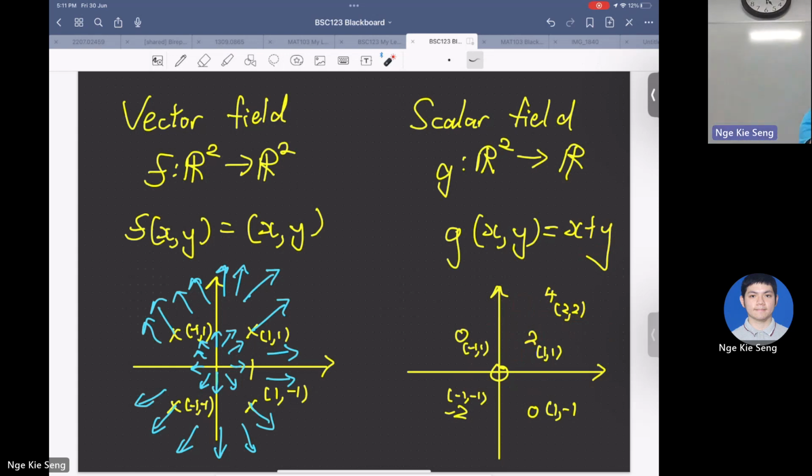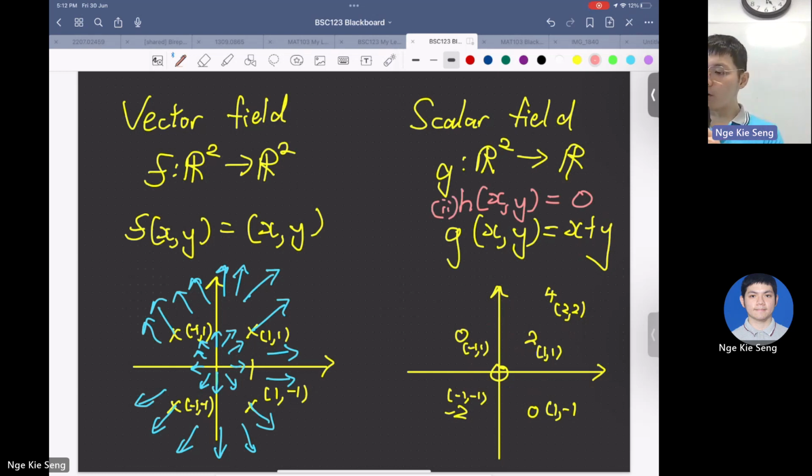This is the function, not distance. It just means that you take any point, you just get 0. This is an example.